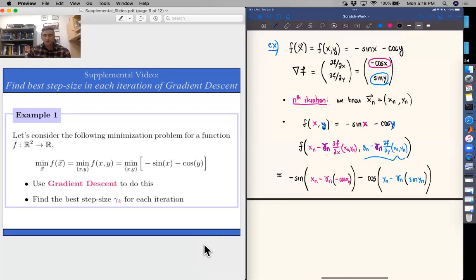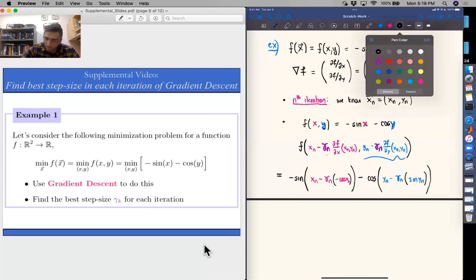Hopefully that was clear of how we took our function as a composition of functions. We took what we're substituting in the x spot and put it in for x. And the next part we did was take what's in the y spot and put it in everywhere we see a y in that equation.